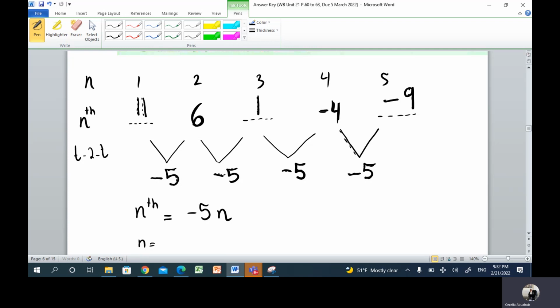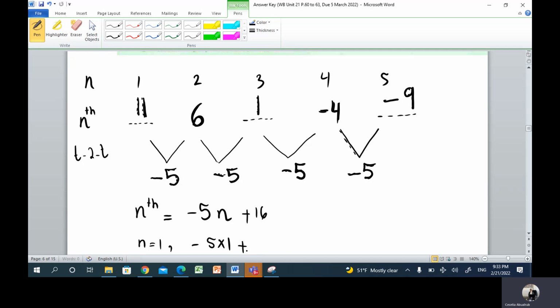If n is equal to 1, then -5 times 1 is -5, but I want the answer to be 11. So -5 times 1 is -5. To become 11, I must say here plus 16.